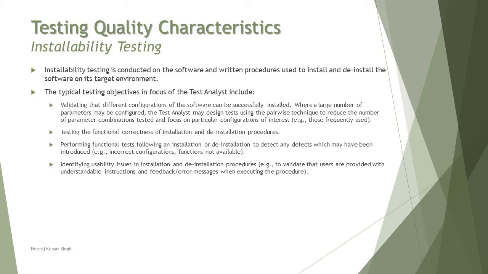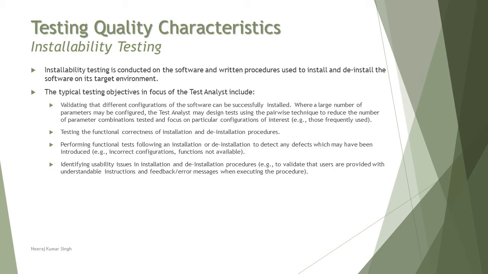What is the objective of installability testing that is important for the test analyst to take care of? It is validating that different configurations of the software can be successfully installed. That means different versions, different combinations can be installed. Testing the functional correctness of installation and deinstallation procedures as well, that means removing a product from the environment.